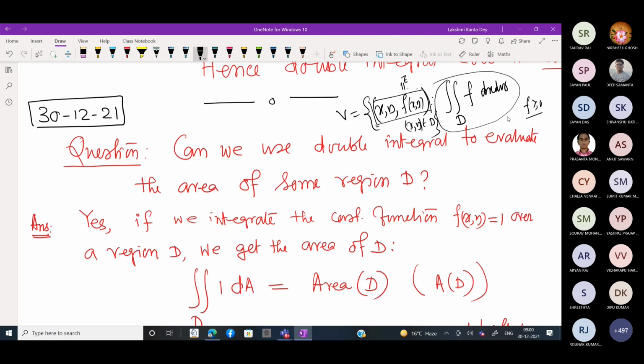As you know, the function is non-negative, so naturally its graph lies above the xy plane. The volume of that portion is represented by the double integration.